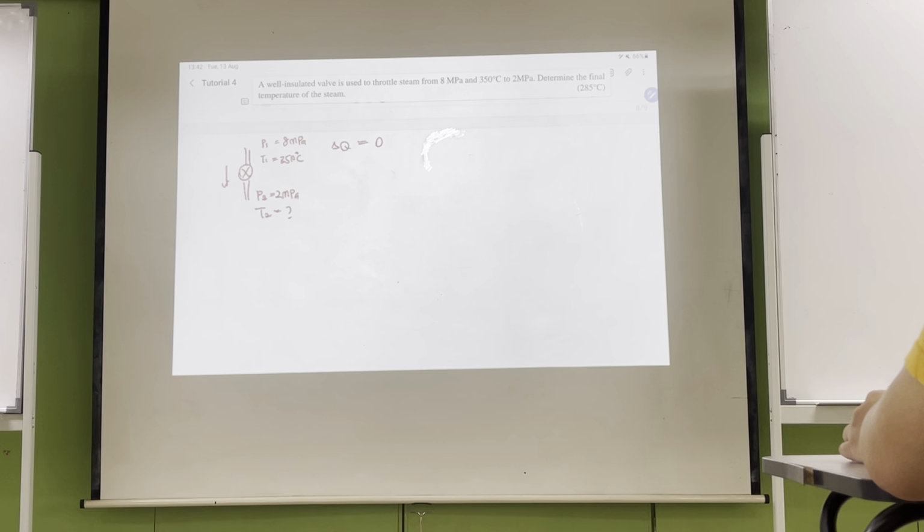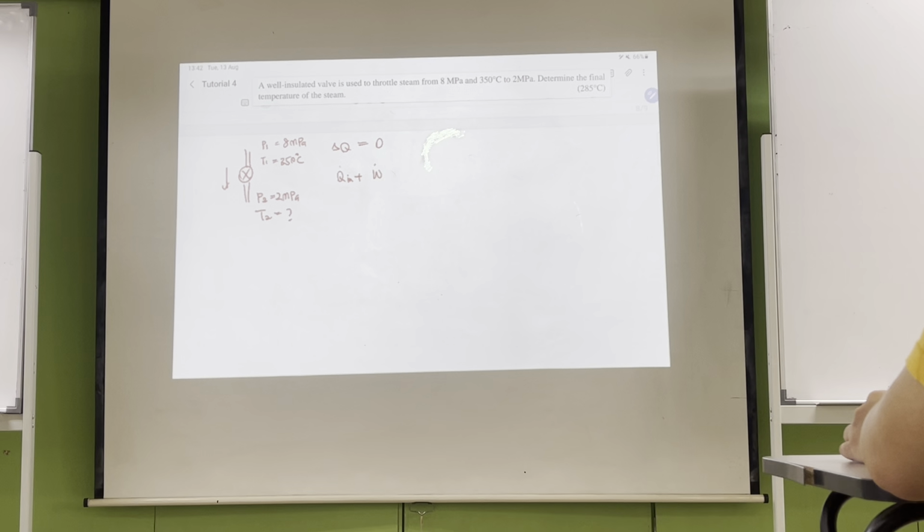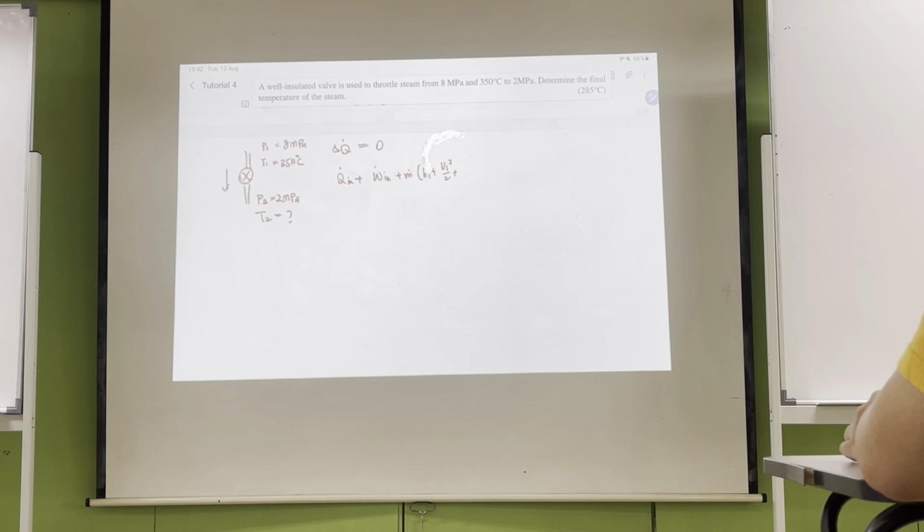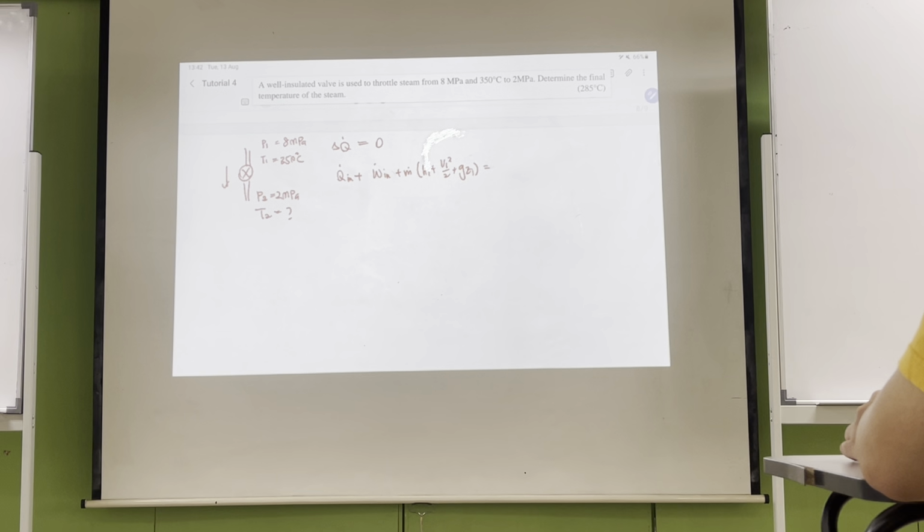So you do the same thing. Q in plus work in plus m dot. I'll just write H1 this time because V1 and the... never mind, I'll write the whole thing. H1 plus V1 squared over 2 plus gZ1 equals Q out plus work out plus m dot H2 plus V2 squared over 2 plus gZ2.